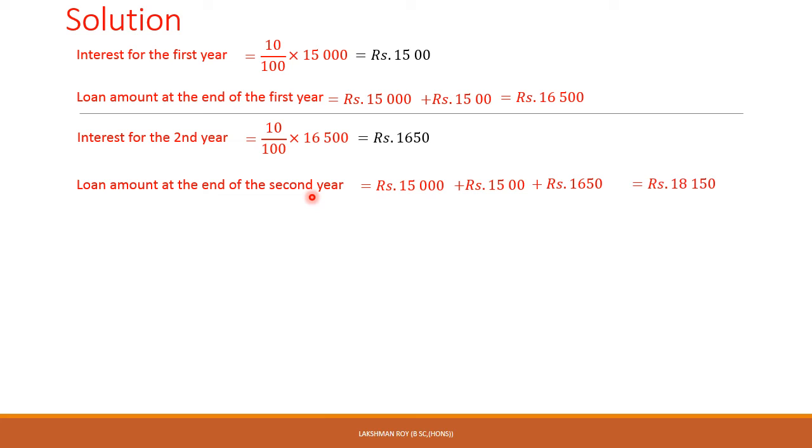If you add those three, you get 18,150. So that amount you have to pay at the end of the second year.